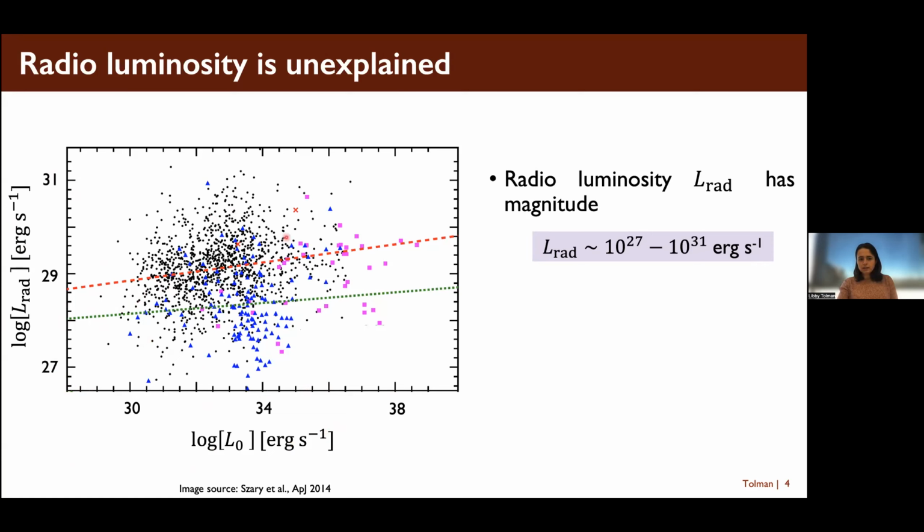The different dots in this plot are different types of pulsars, and the lines are a fit that the observer who wrote this paper wanted to do, but it's not super important to us. The main takeaway from this plot is that most pulsars have a radio luminosity between 10 to the 27th and 10 to the 31st ergs per second. And it's not really known why this luminosity has that magnitude and not some other magnitude.